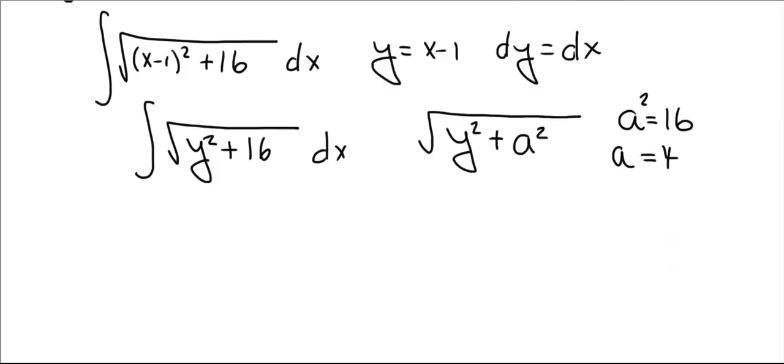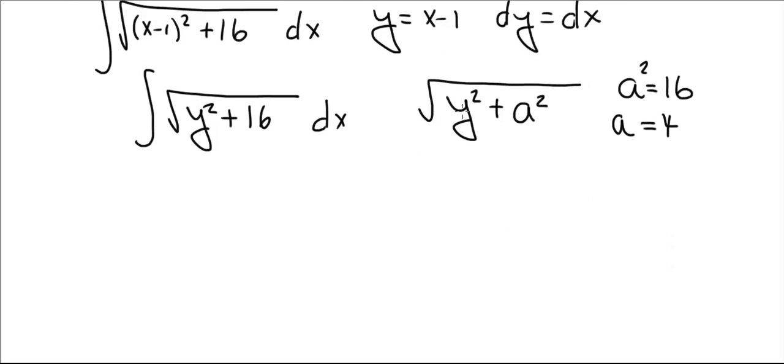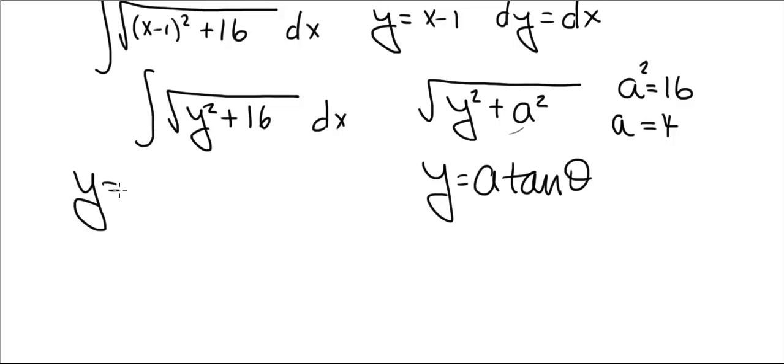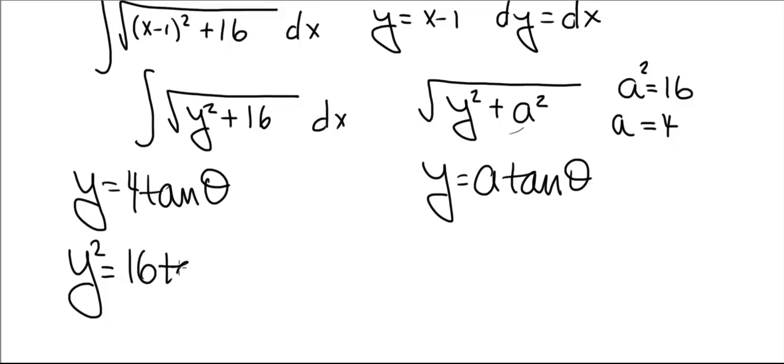Whenever we have this kind of a radical, the substitution is y equal to a times tangent theta. So in our case, the substitution will be y equal to 4 times tangent theta. Let's square both sides. y squared is 16 times the tangent squared of theta.